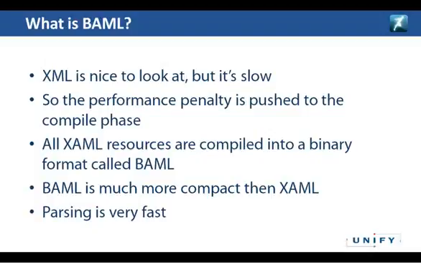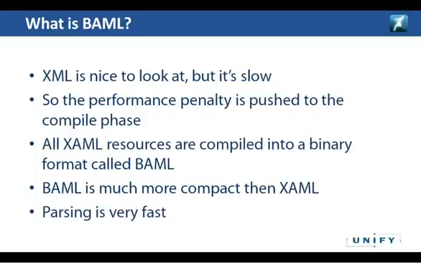the performance penalty is pushed to the compile phase because we use something like BAML. So at compile time, TD takes all the XAML files, including those that you changed, and compiles those into a binary format called BAML. And BAML is much more compact, and parsing is very fast compared to the text-based XAML.